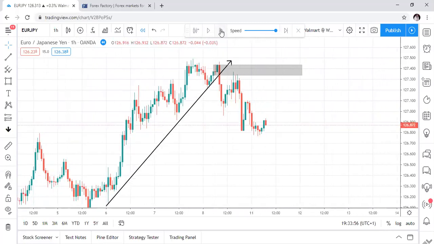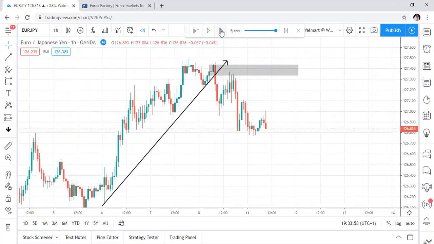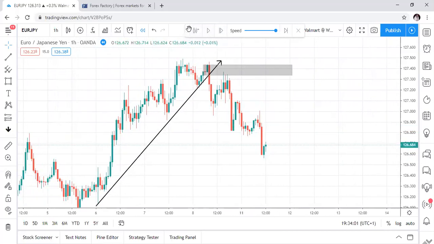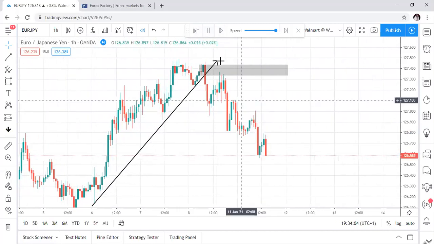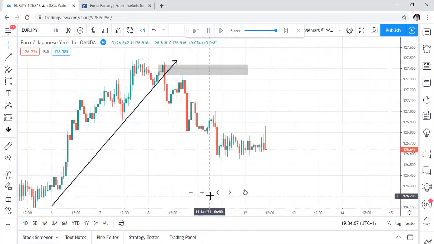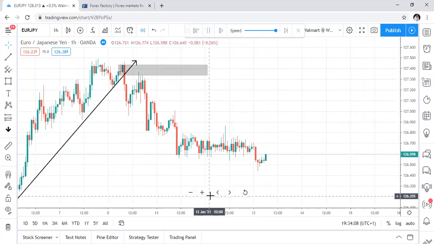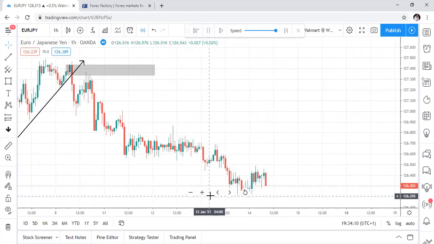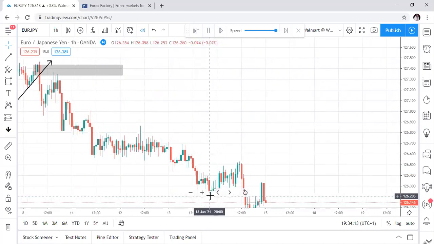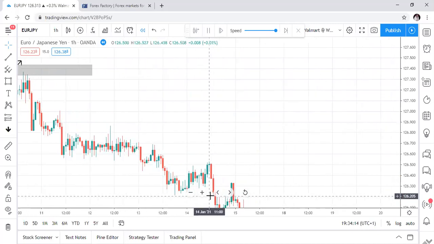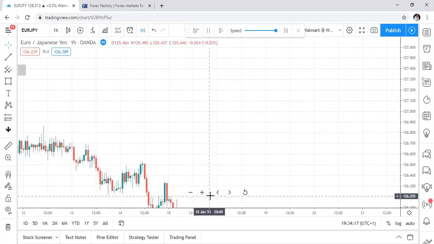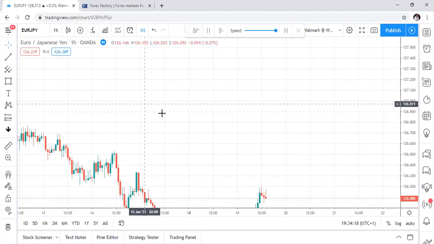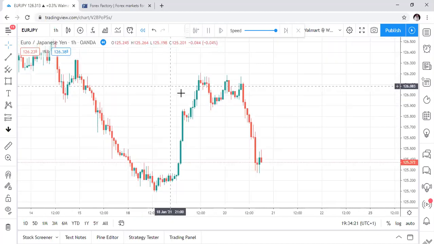That's how markets will continue to go in your favor. That's my demand. Till over 200 pips was made in Euro JPY at the end of last week. See it? 200 pips.